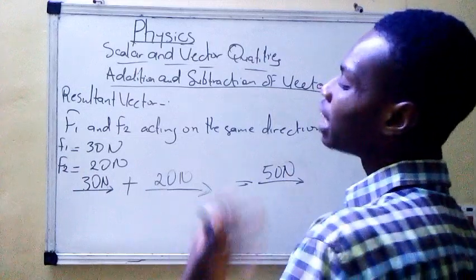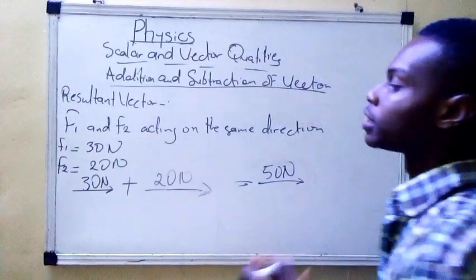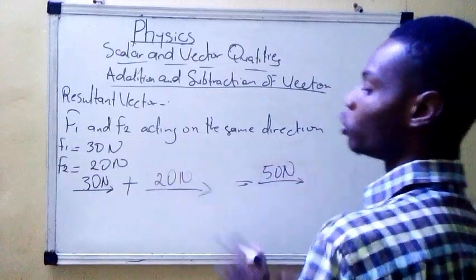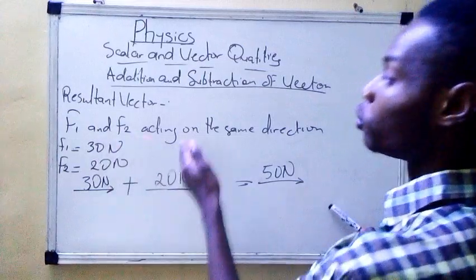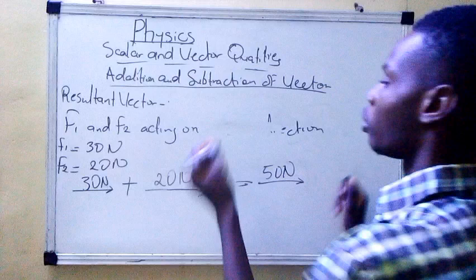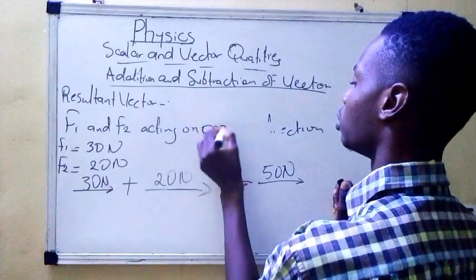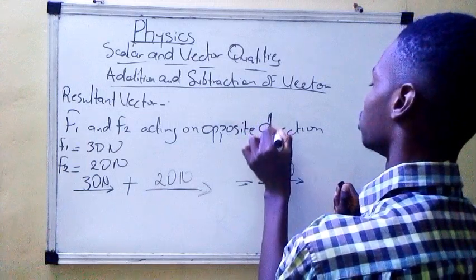Now we know that when we have two vectors acting on the same direction, it is addition. Now let us say we have two forces, F1 and F2, acting on opposite direction.